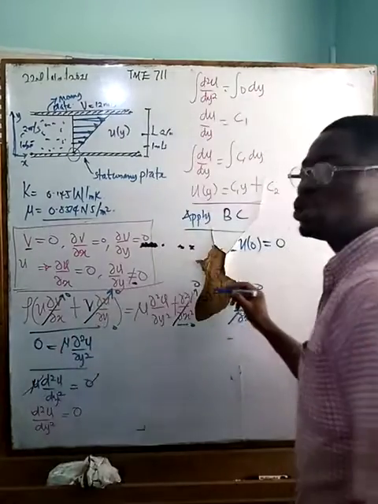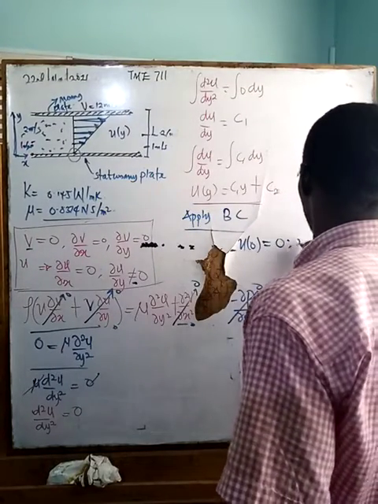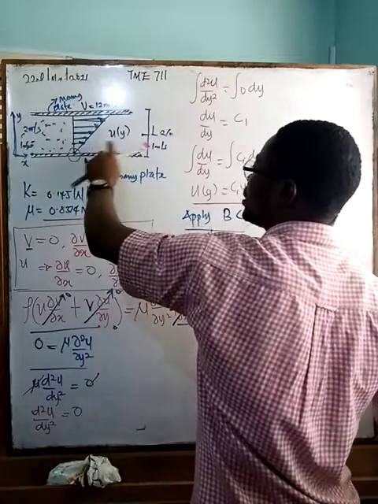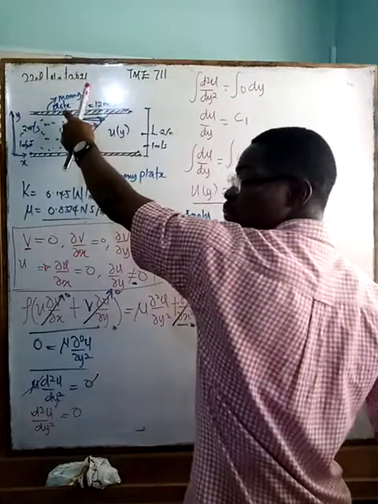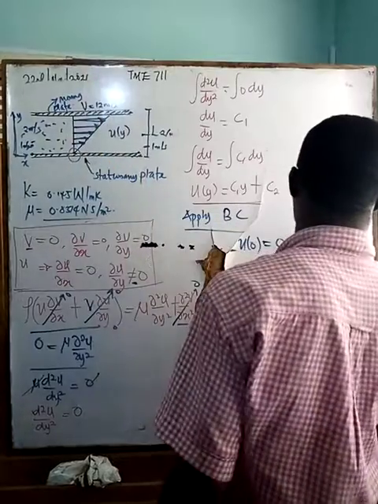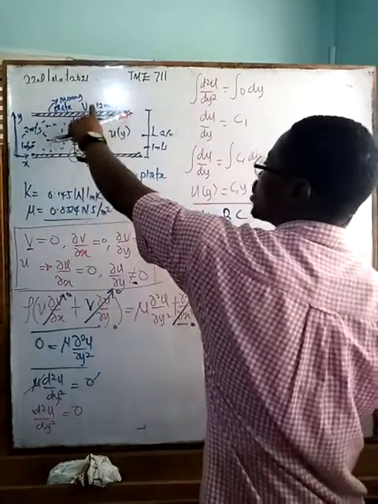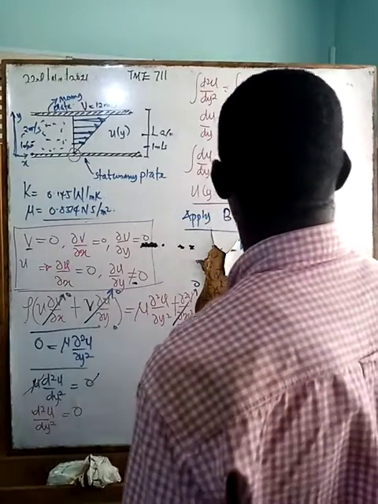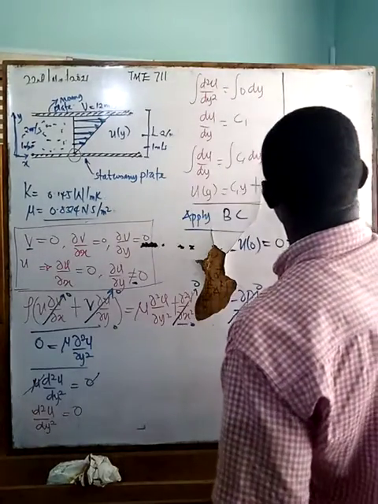Then u at the length, that is when y is equal to L, that is at the moving plate, is what? V, which is 12 meters per second. So let's represent it V now.